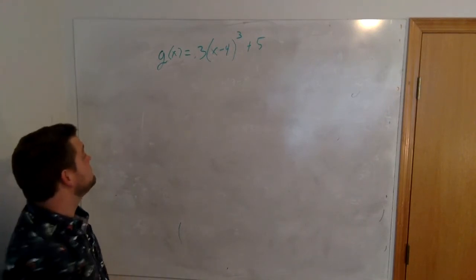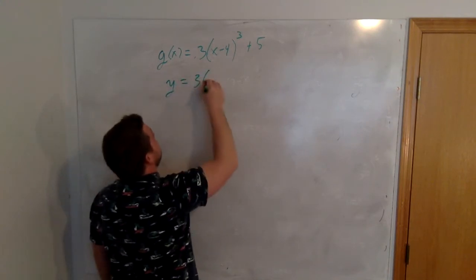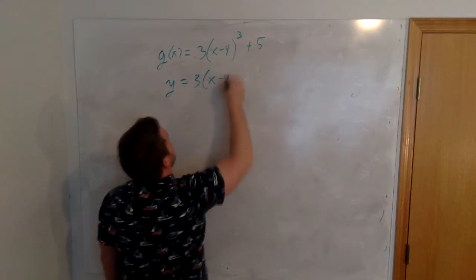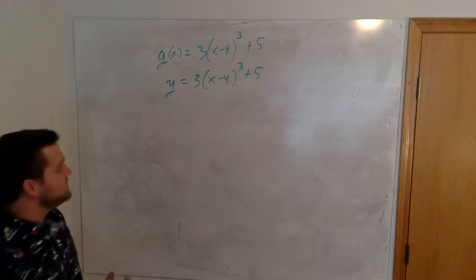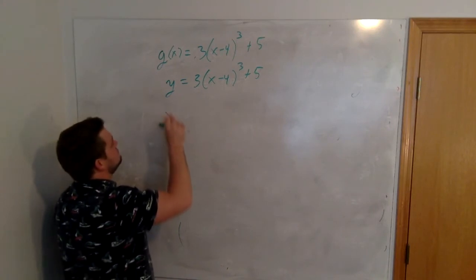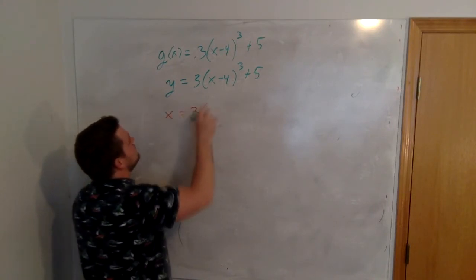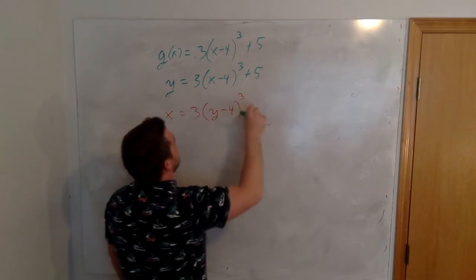Alright, let's do it. So the first thing I'm going to do is flip out of function notation. And then what we have for inverses is that the x and y's flip. So maybe I'll flip to another color. So x equals 3 times (y minus 4) cubed plus 5.